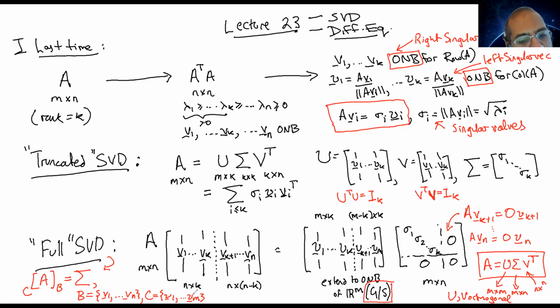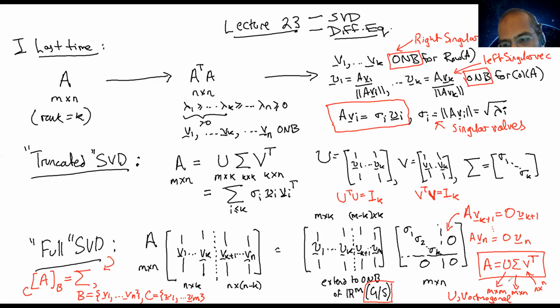If you really want an input basis of R^n and output basis of R^m, such that the matrix of A in those bases is close to diagonal, you do the full SVD. So this was our original question.